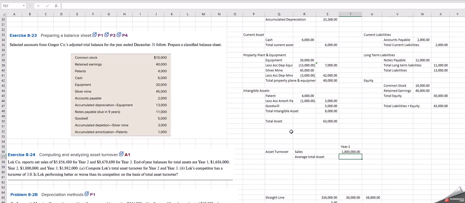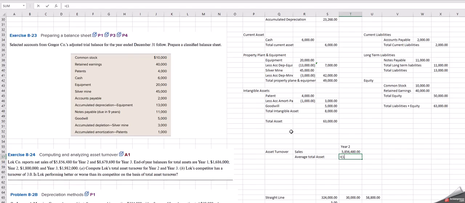And then our average total assets, we need to average those. Oh wait, shoot, that was not my sales. That was my total assets. All right, so go back up. My sales for year 2 is 5,856,480.